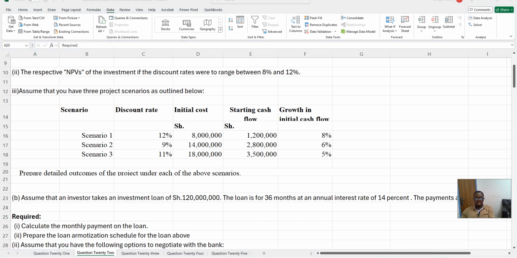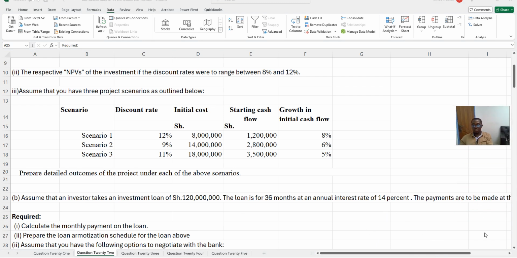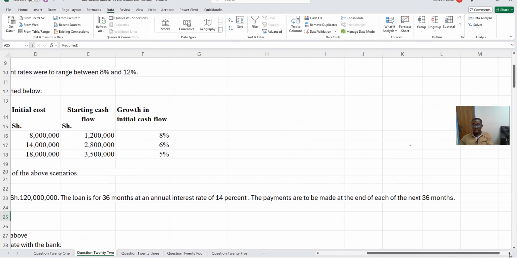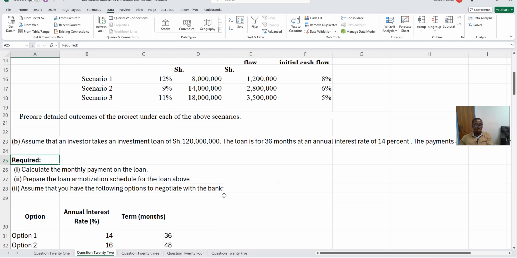The loan is for 36 months at an annual interest rate of 14%. The payments are to be made at the end of each of the next 36 months. Required: calculate the monthly payment on the loan. Prepare the loan amortization schedule for the loan above.